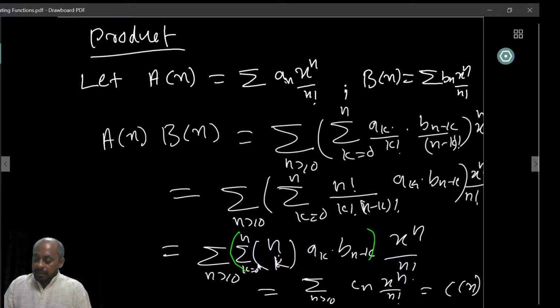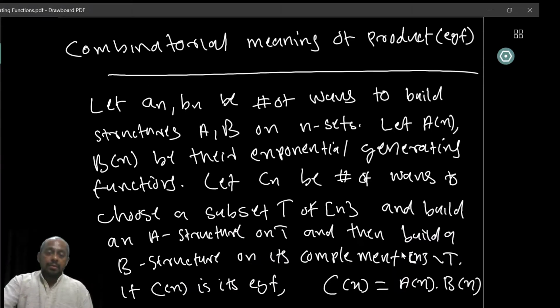So this is precisely the number of ways to do this, and therefore that is Cn, and we get x raised to n over n factorial here, which makes sense when we convert into the combinatorial structure that we described here. Okay, so this is the meaning of the product of exponential generating functions.